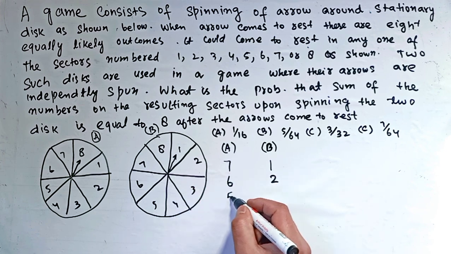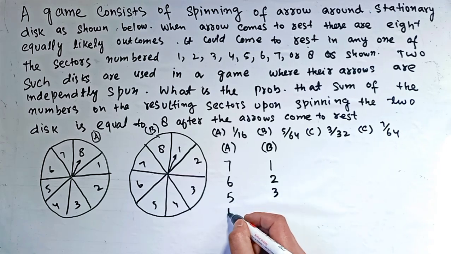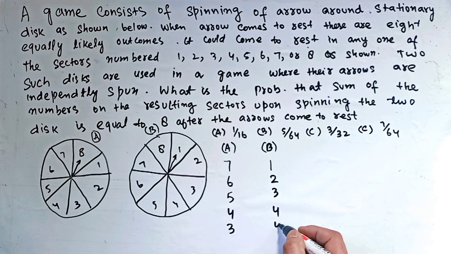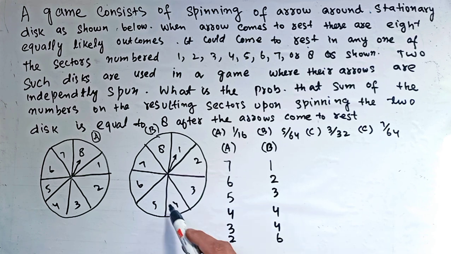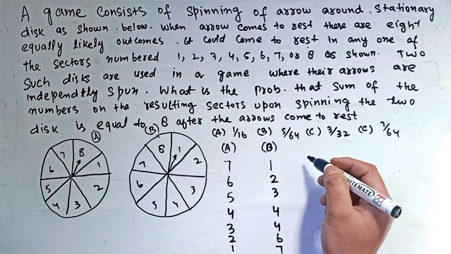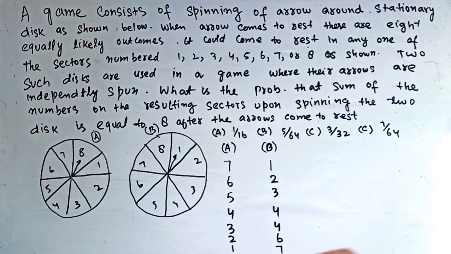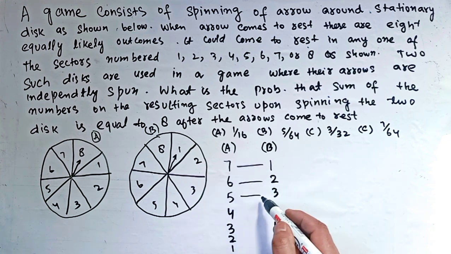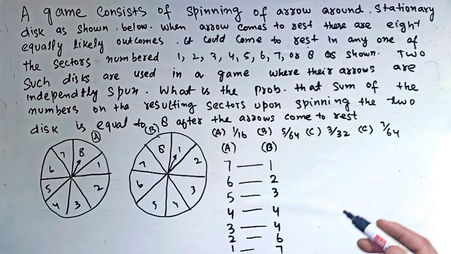We can get 5 here, 3 here, we can get 4 here and 4 here, or we can get 3 here and 5 here, or we can get 2 here and 6 here, or we can get 1 in the first disk and 7 in the second disk. So we have 1 2 3 4 5 6 7. So 7 outcomes are in our favor.